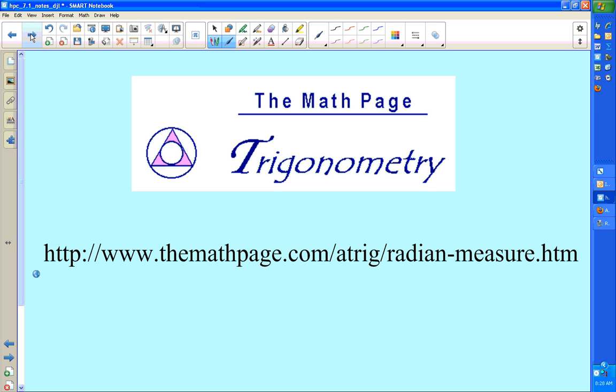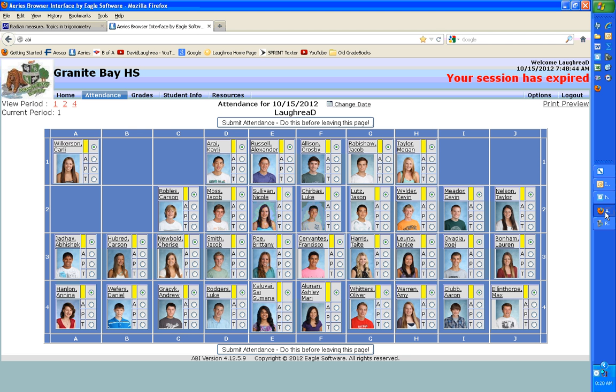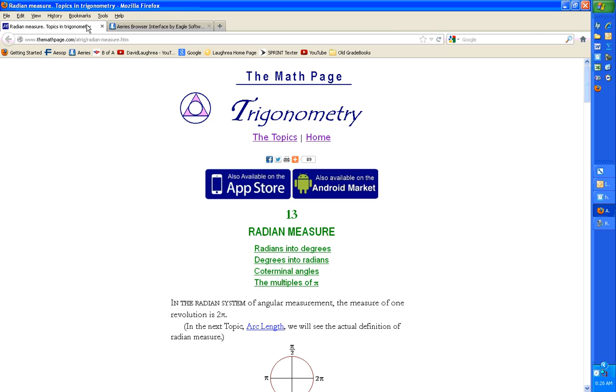This link right here, I'll post the notes and all of that, but this link takes you to some pretty good review. There's a variety of different things in here that we're talking about today: radians to degrees, degrees to radians, the multiples of pi, coterminal angles. This is a pretty good web page, and there's other stuff as well.